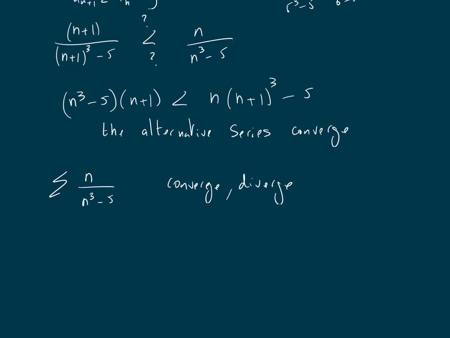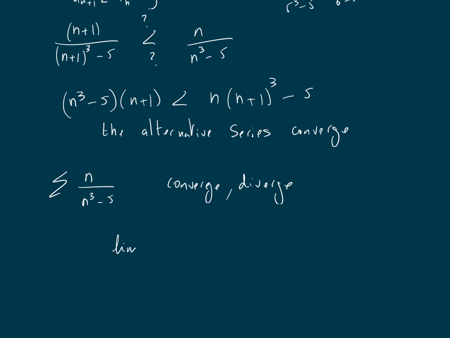Okay, so let's see if this converges or doesn't converge. To know if this converges, I see here n divided by n cubed, I see 1 divided by n squared, so I will do the limit comparison test.